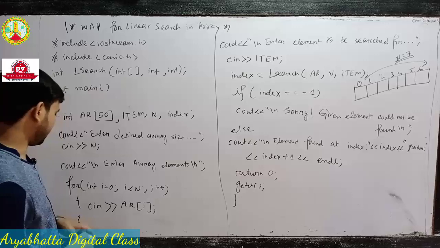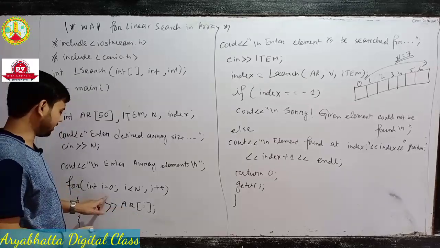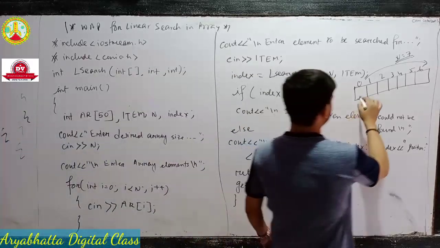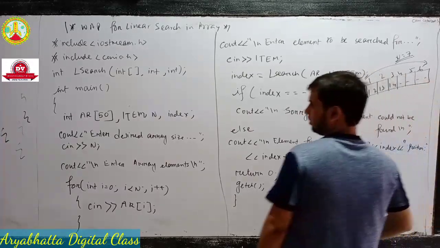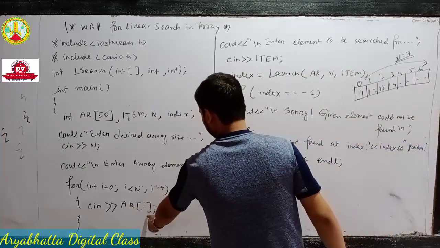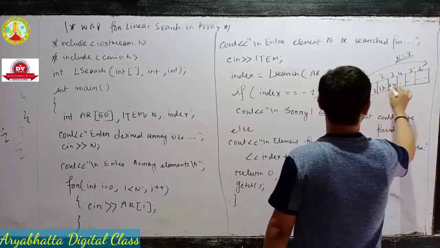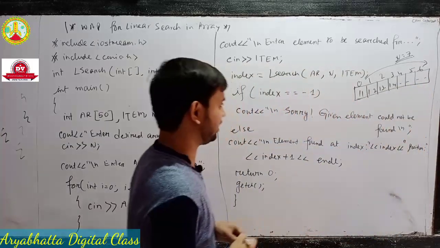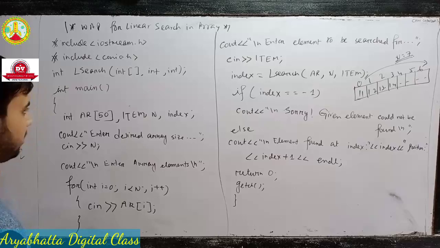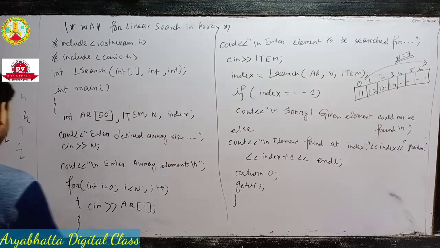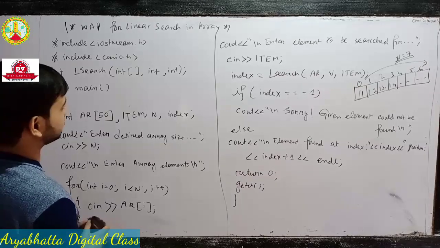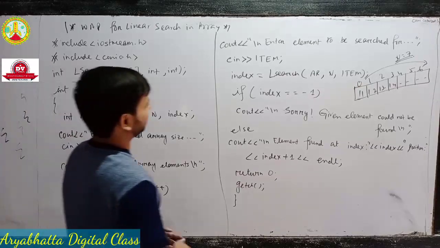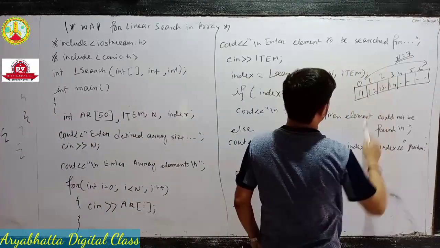Understood? And AR i means the respective elements. Suppose the elements are 11, 12, 13, 14, anything. AR i means the element with respect to the index in the array. I hope you clearly understood up to this. This is very easy. And after that, enter element to be searched for.